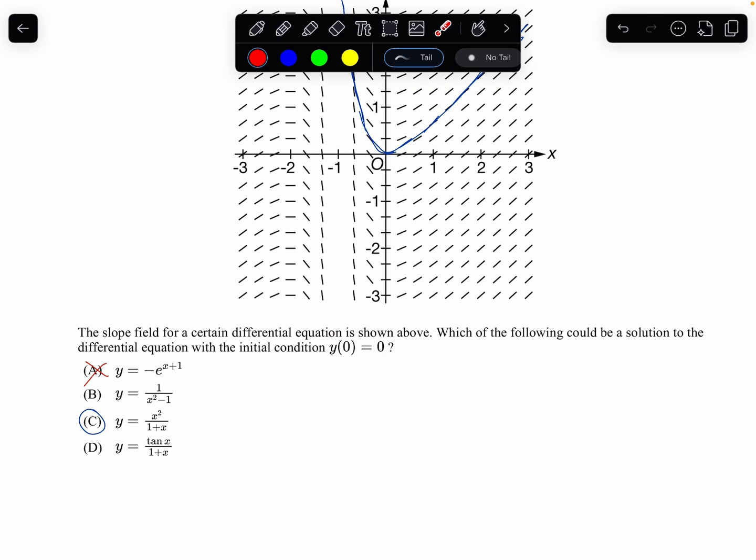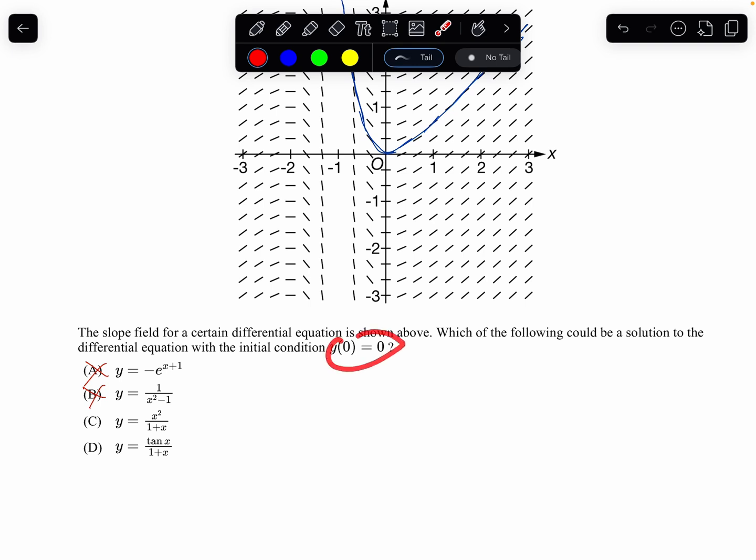So if I plug in 0, x equals 0 here, I get 1 over negative 1, so if I plug in 0, I get negative 1. So that doesn't fit. That doesn't match with our initial condition. And then for D, if I plug in 0, it actually could be D. So 1 second. I'm going to get rid of B, though, as an option, because that one doesn't match. But what about D, because if I plug in 0 here, tangent of 0 is 0, and I'll get 0 over 1, which is 0.